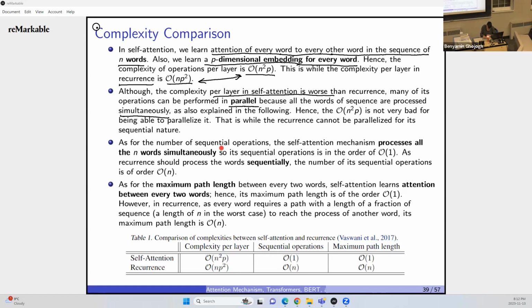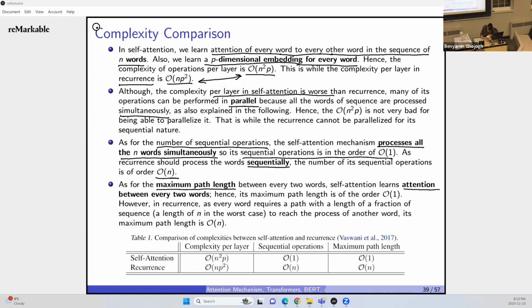As for the number of sequential operations, the self-attention mechanism processes all the n words simultaneously. So its sequential operations are in the order of O(1) because there is no sequential recurrence in it, right? But in a recurrent neural network, it's O(n) because it's sequential. For going from one word to the other word, you need to pass through all of the words in between, right? Also, what about maximum path length?